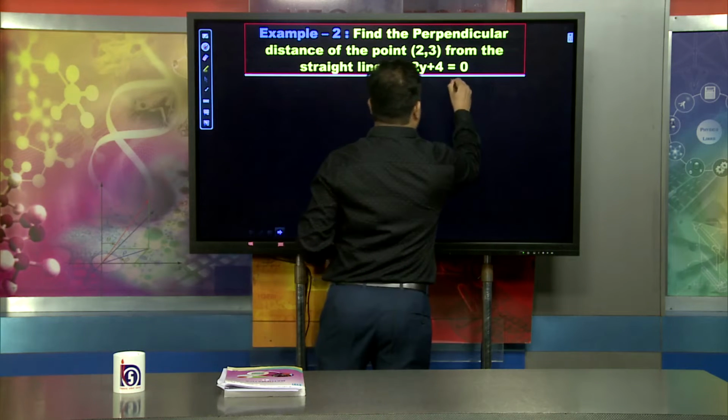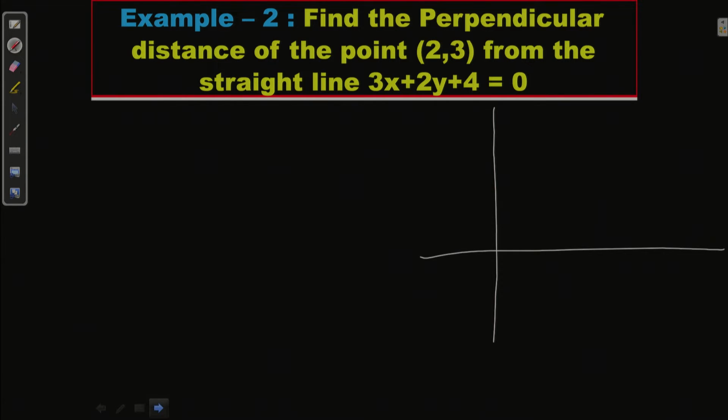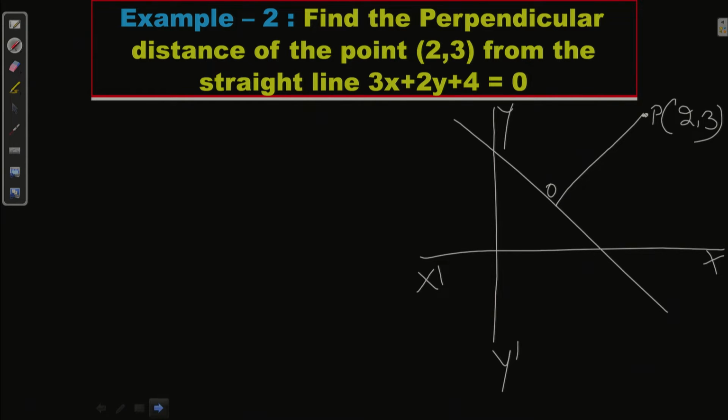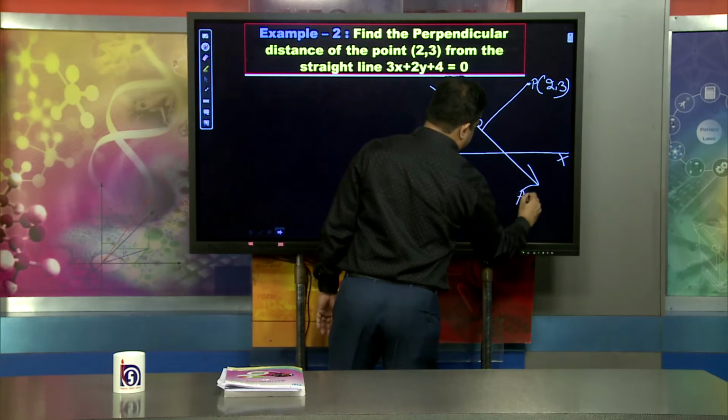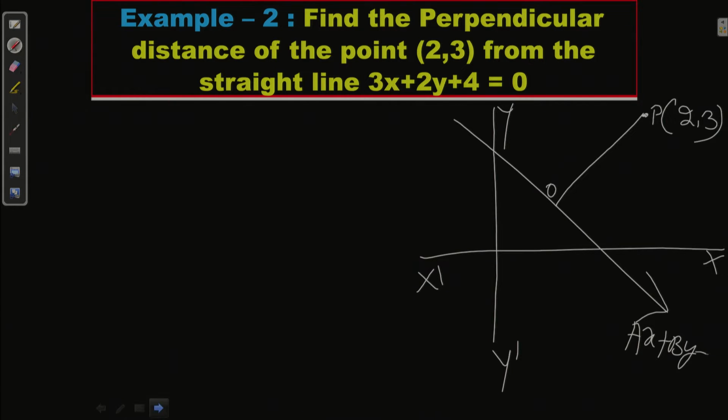Suppose this is the coordinate geometry, and like this, suppose this is the point P, whose coordinates are given as (2, 3), and we are going to find the distance from O to P. Now, we have already discussed, suppose this is x, x dash, this is y, y dash, and P, the coordinate is (2, 3), and the equation of the straight line is ax plus by plus c equal to 0.